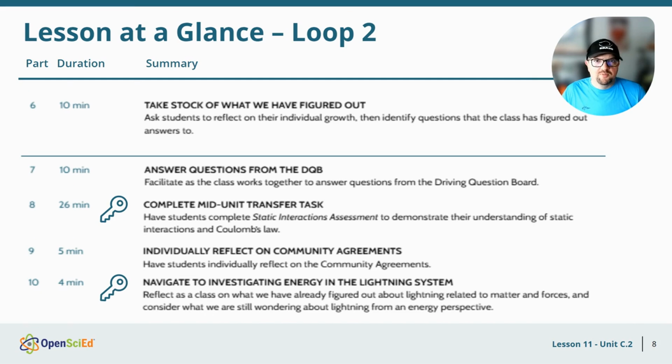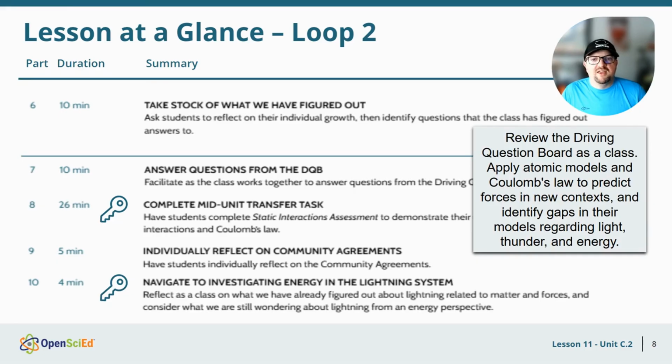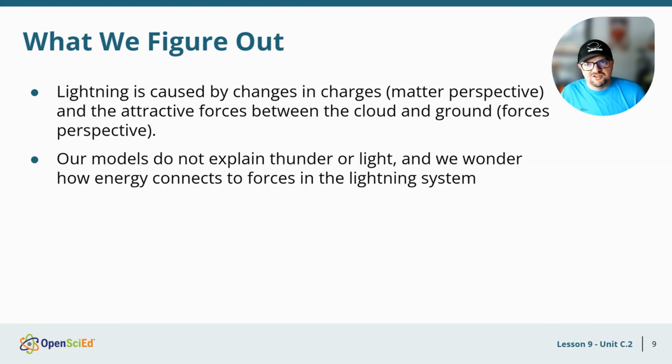For the second loop, the class takes stock of our driving question board and completes a formal mid-unit transfer task. Students figure out how to apply atomic models to Coulomb's law and to predict and describe electrostatic forces between completely new objects. We will again dive deeper into the transfer task process and options in our key moments and tips and tricks sections.